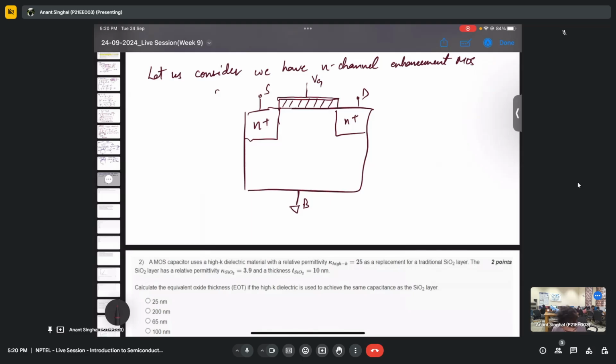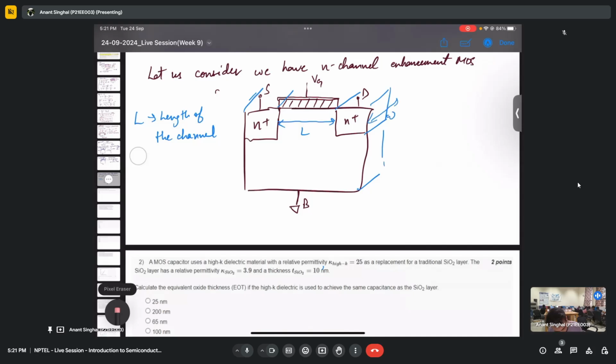So this is nothing but an n-channel enhancement MOSFET, where the channel, maybe I can denote. So this is the channel. Let's say it is L, the length of the channel. Then let's say we have W, which is the width of the channel, which will be on the inner side. If I make a diagram like that, this will be the width, which I'm denoting as W.